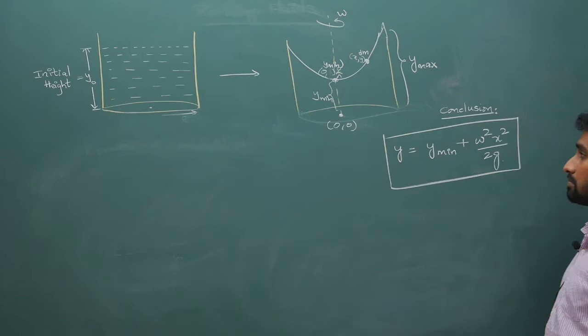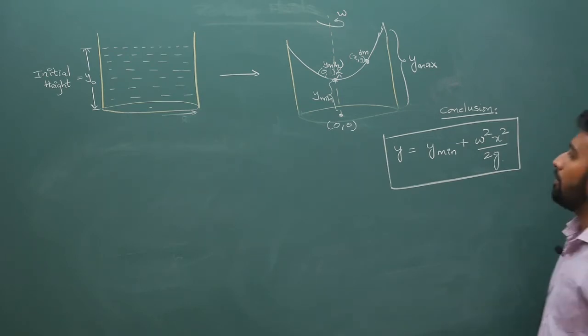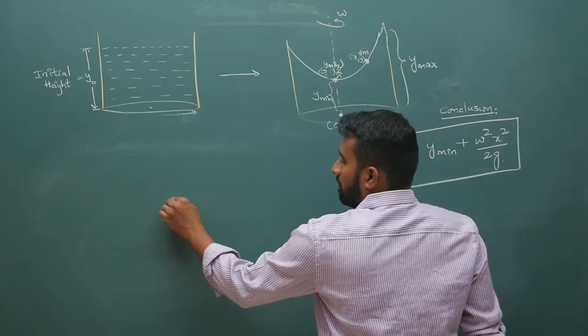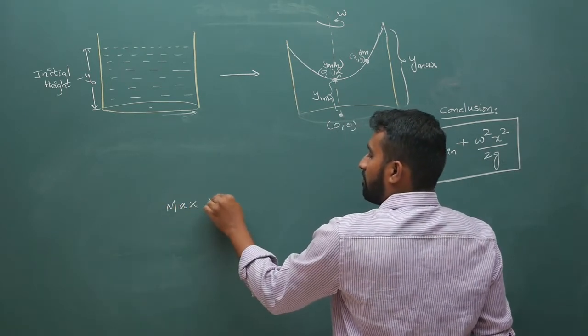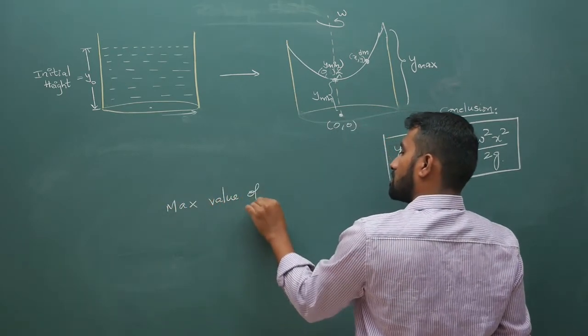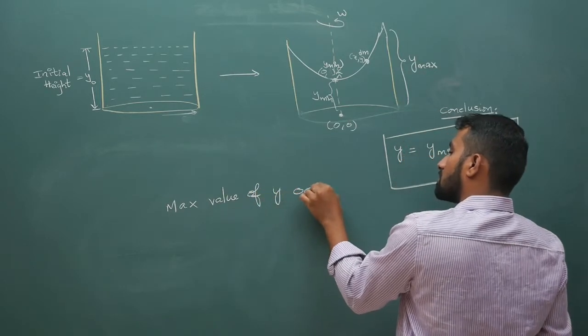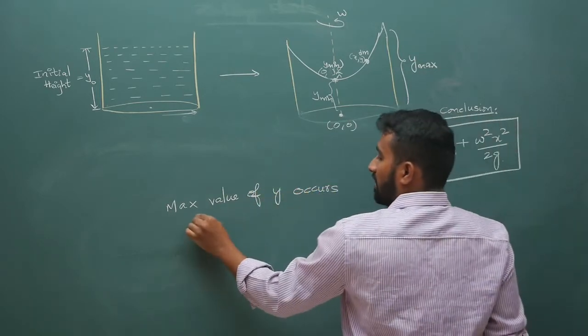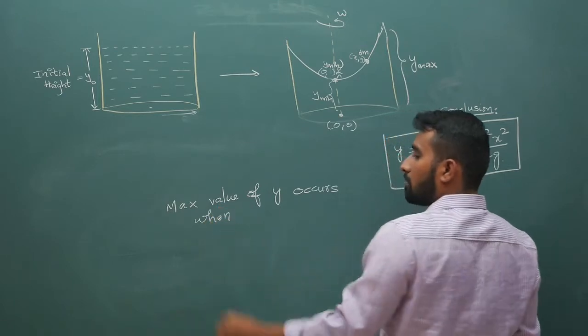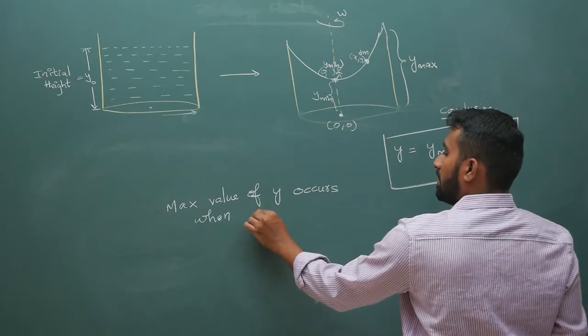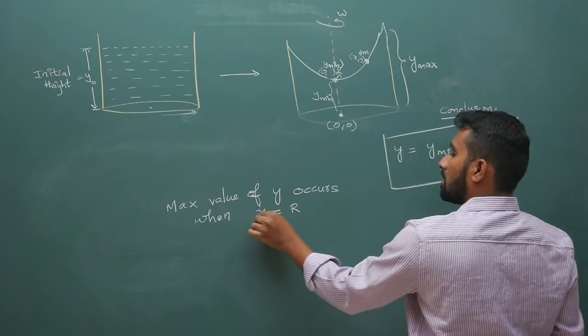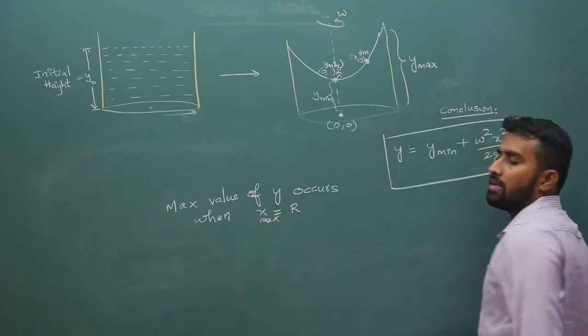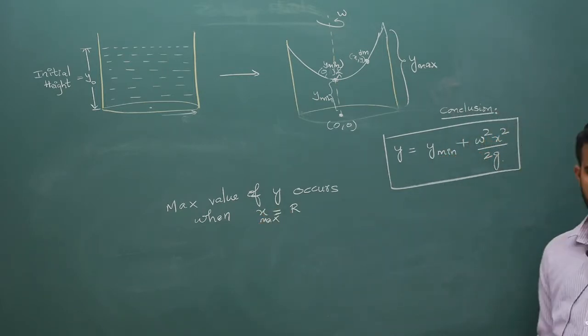Next important point is, maximum value of y occurs when x is maximum, that is, your maximum value of x is equal to r.